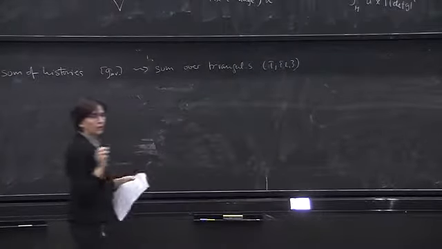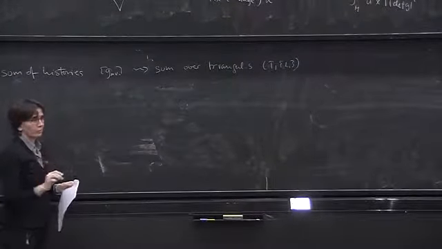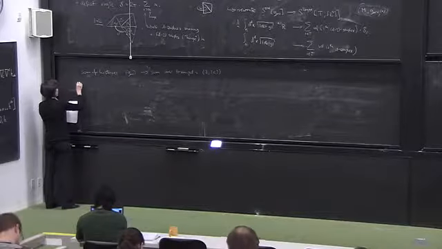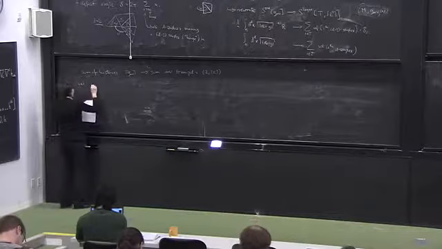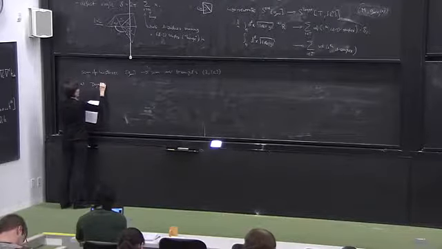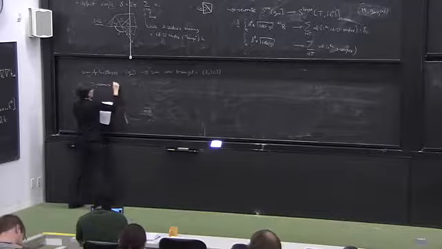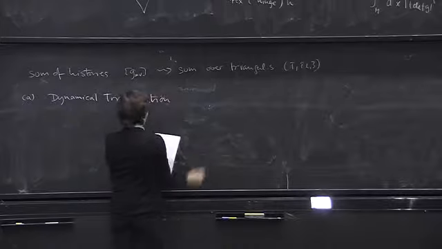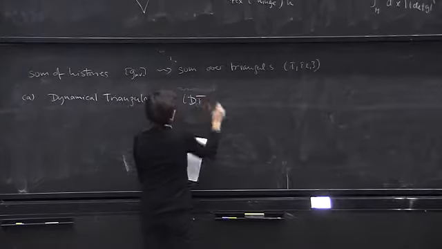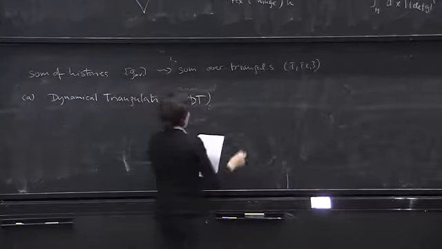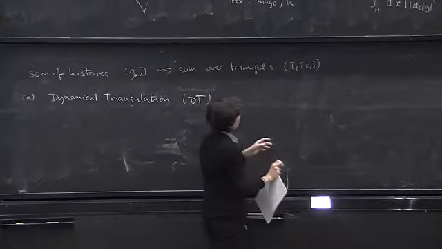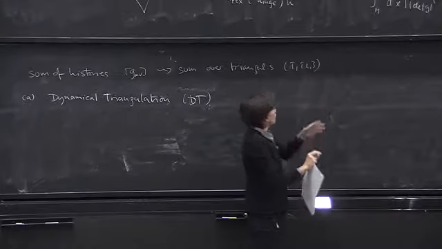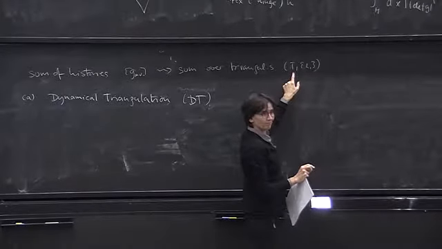And there are essentially now two ways of doing this. So A goes by the name of dynamical triangulation. Maybe abbreviate this for later. And what you do there is you fix all edge lengths and you let T vary.